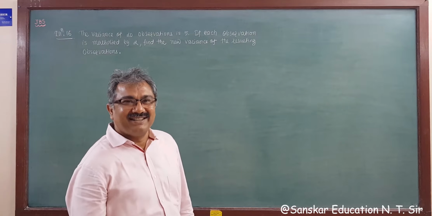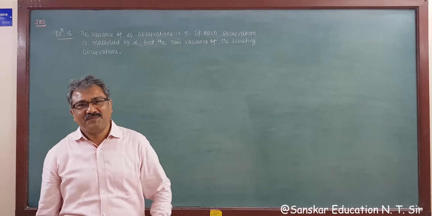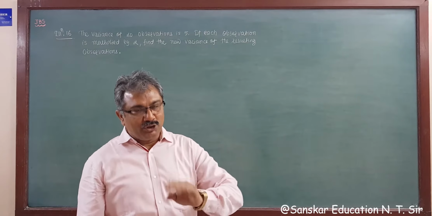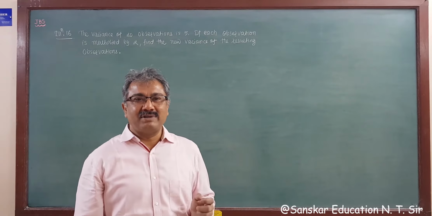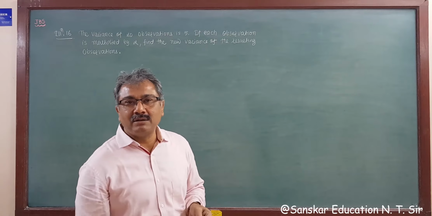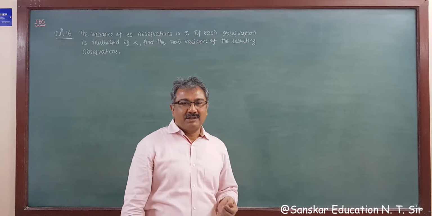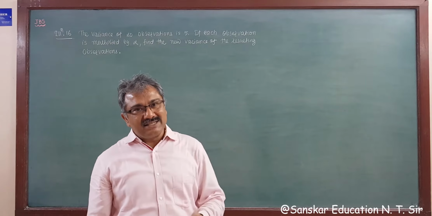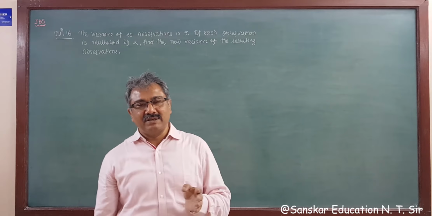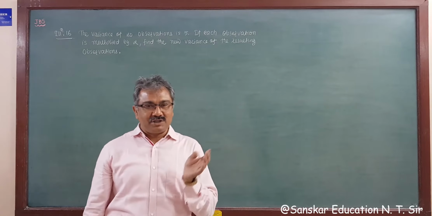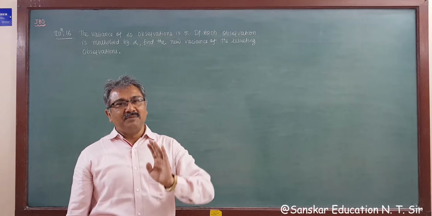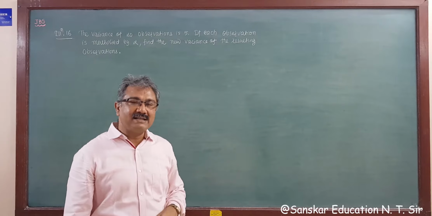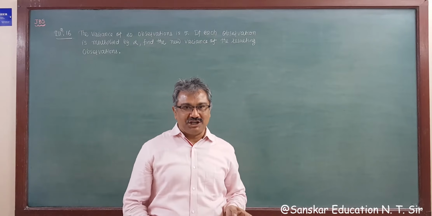Hello friends. Today in this lecture we are going to solve examples related to what we learned in the previous video. We learned that if observations are given and we add or subtract any number, the mean is increased by that number, and the standard deviation and variance remain unchanged.